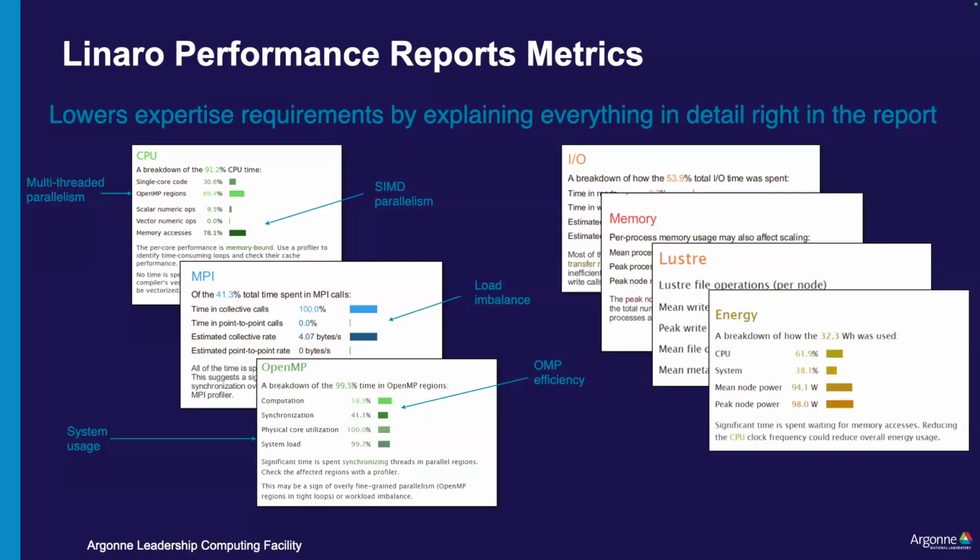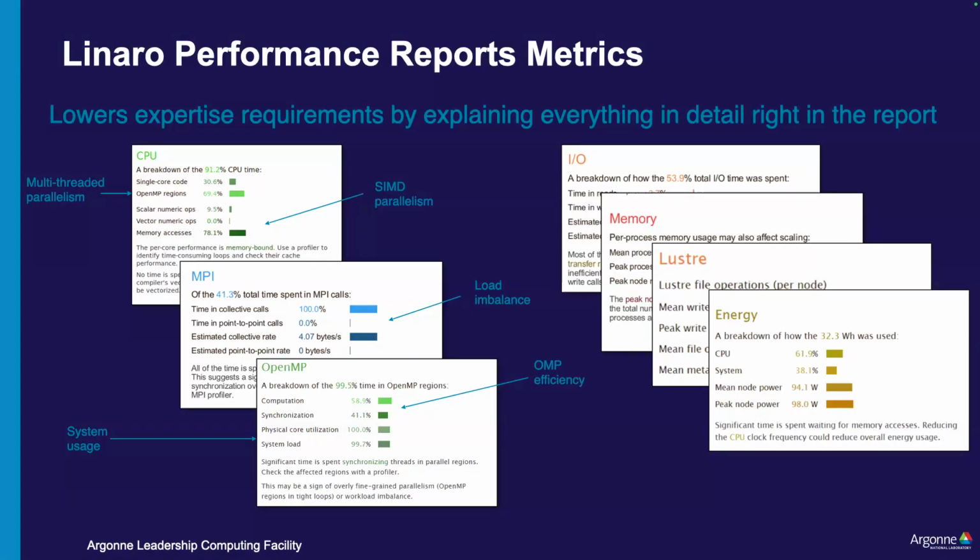Then you can look at vector numeric ops. That's at 0%, which means that there's an opportunity to vectorize some of your code. And then memory accesses is quite high as well, 78.1. So you could be having inefficient memory accesses. And it could just be inefficient use of the cache.